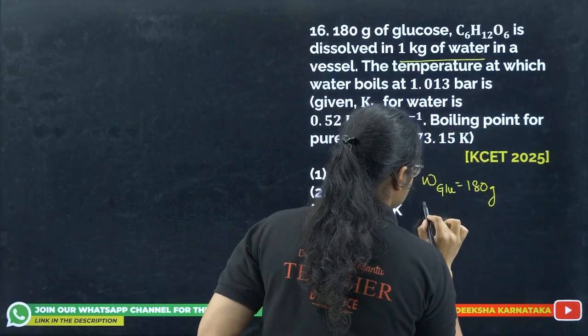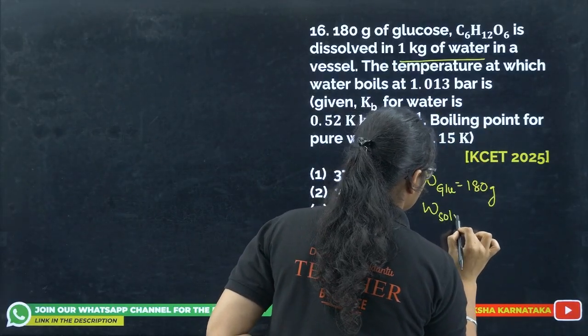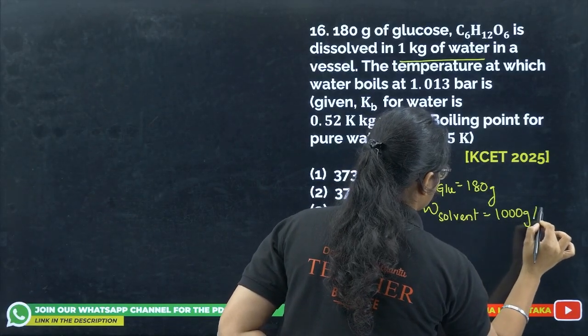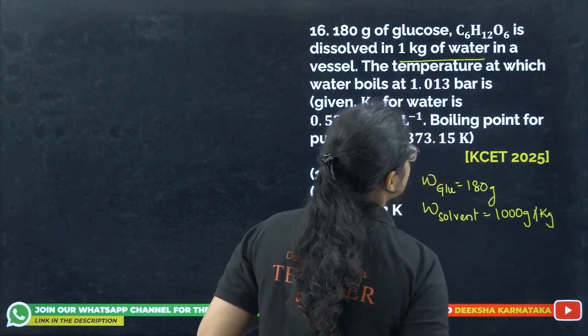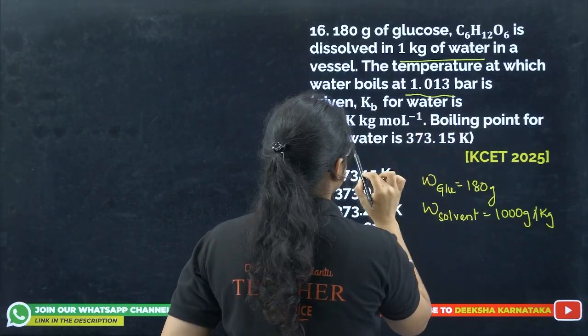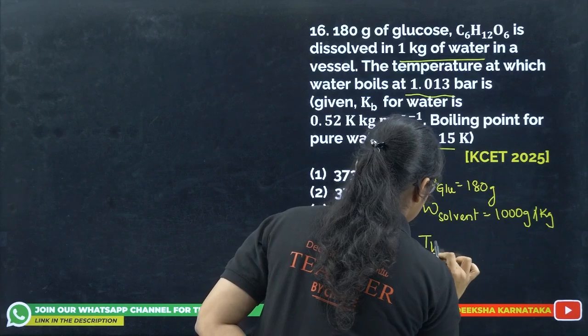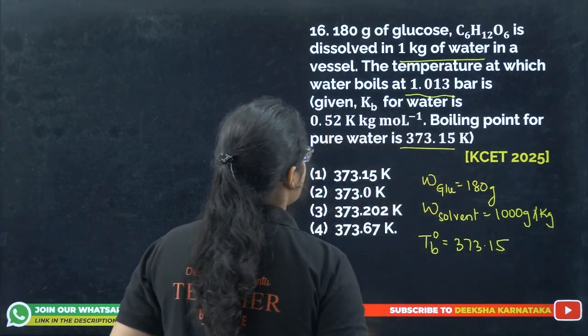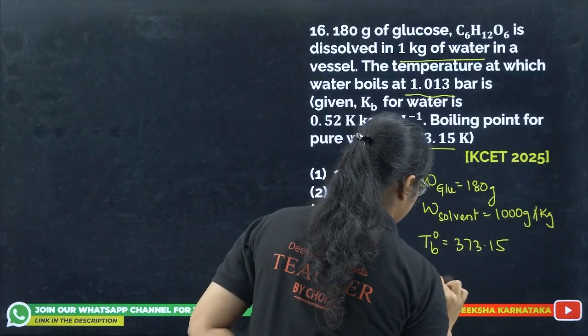The W of the solvent or water is 1000 grams or 1 kg. The pressure is of no importance here. Boiling point of water is already given, T naught B is 373.15, and Kb is given as 0.52.